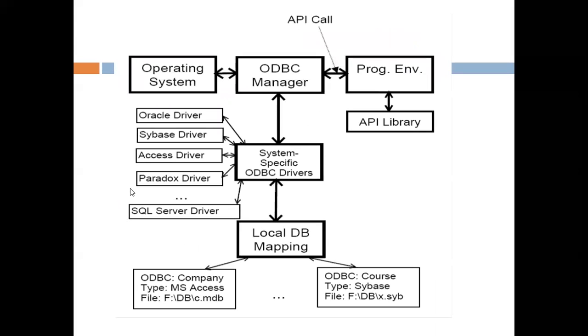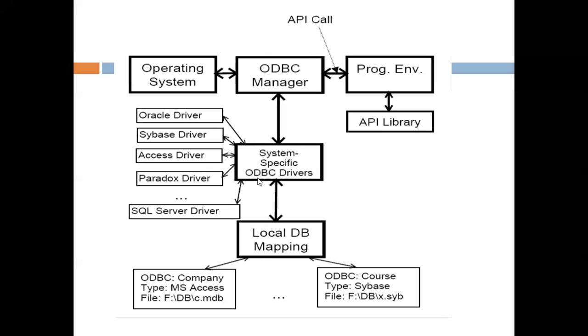So this is just a pictorial representation of how things happen. The operating system will interact with the ODBC manager. In turn, the ODBC manager will call the API of the programming environment. The programming environment will have its own API library. The ODBC manager will interact with the system specific ODBC drivers.